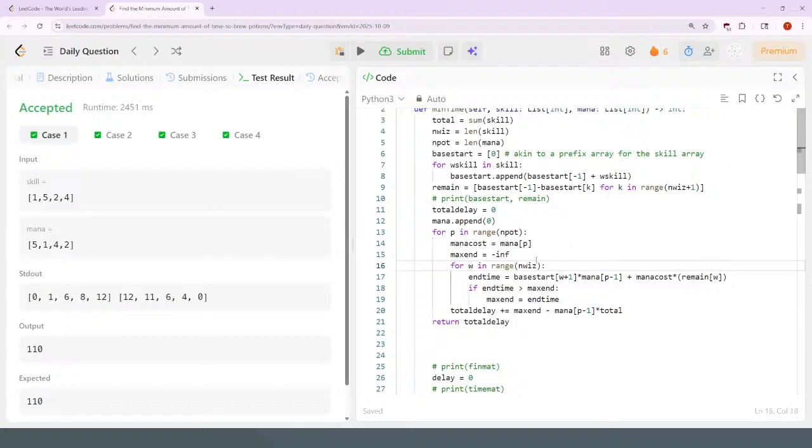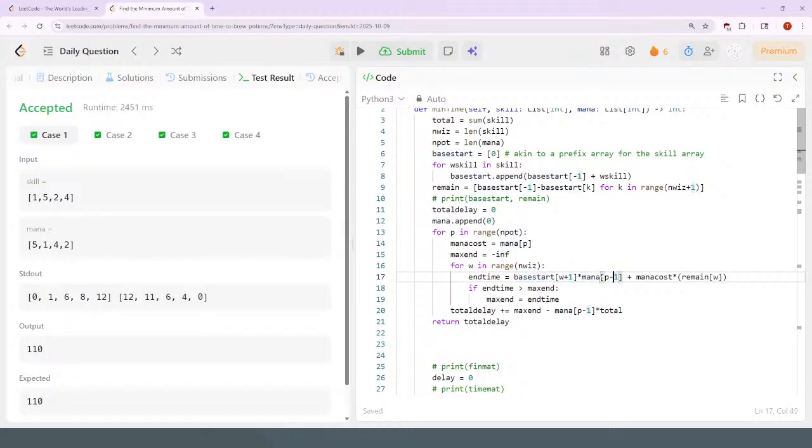So for every wizard, I'm going to calculate the end time on that wizard based on the start time from the previous potion. The start time from the previous potion is scaling the start time that they normally have. This is offset by 1 because Wizard 0 would start doing a potion at time 1, which is when they finish doing the previous potion.